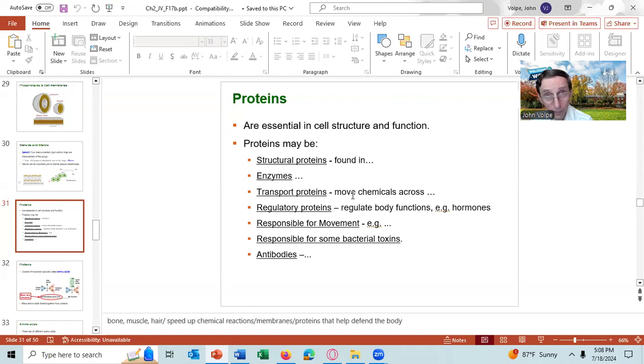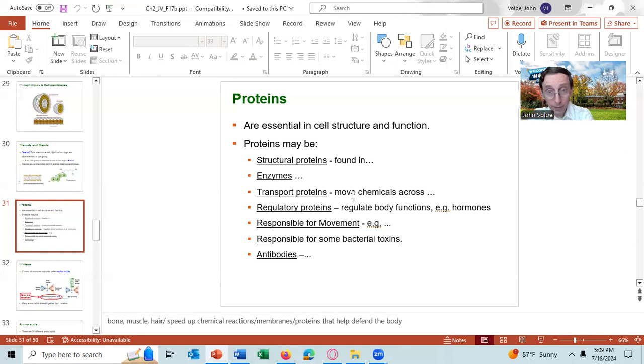And so if we want the molecule to come into the cell, like glucose, you have to have a transport protein. Or if you want the molecule to leave the cell, let's say some nitrogenous waste product, you need to have a transport protein. And so the cell puts a lot of transport proteins in the cell membrane to pump the molecule either into the cell or out of the cell. Any question about any of that?